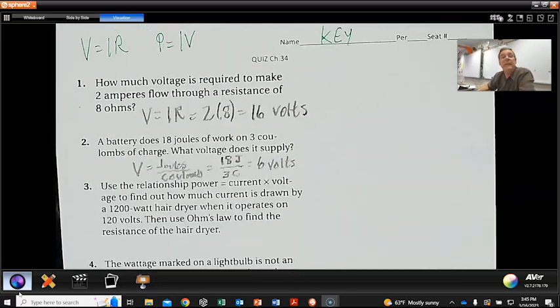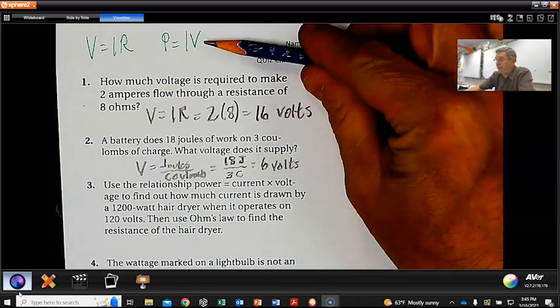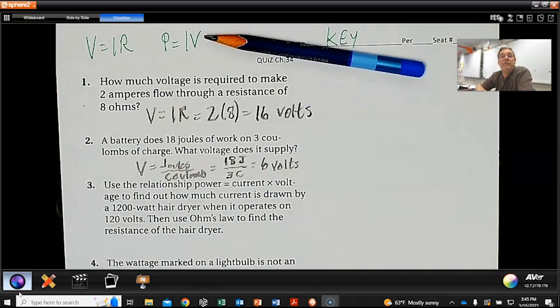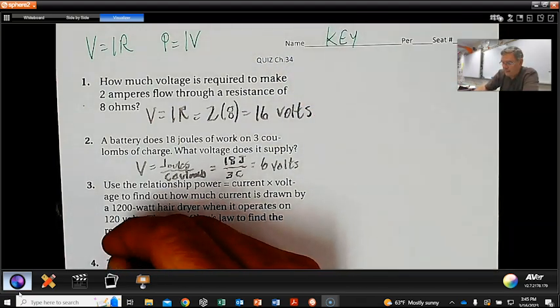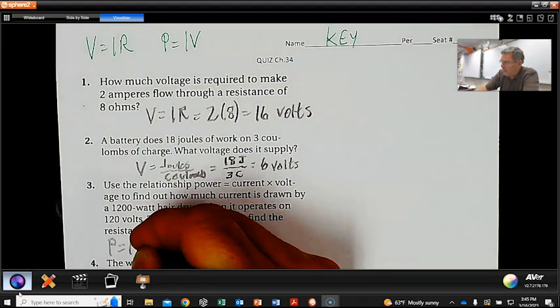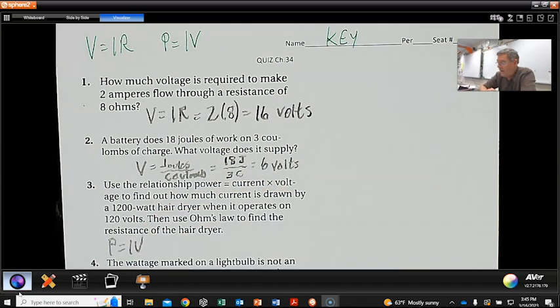Okay, number 3. Using the relationship power equals current times voltage, find out how much current is drawn by a 1200 watt hairdryer when it operates on 120 volts. Then use Ohm's law to find the resistance of the hairdryer. Okay, so P is equal to IV, and they're asking me about how much current is drawn.